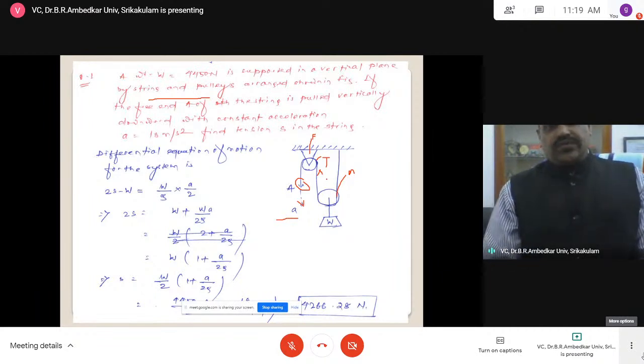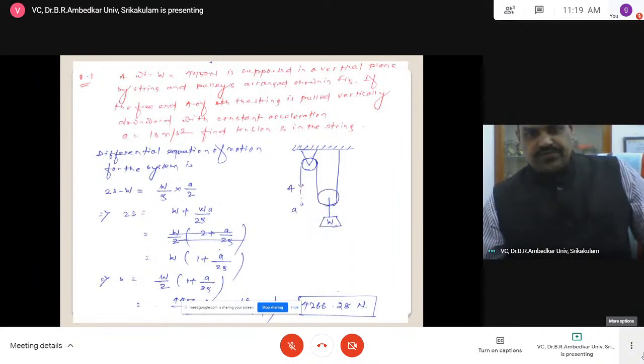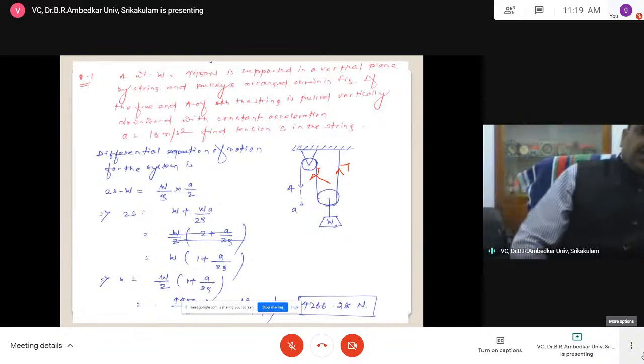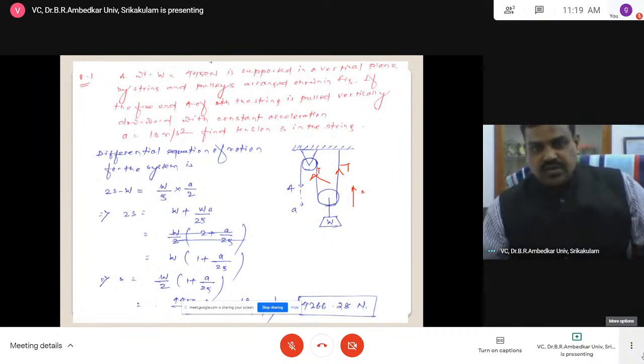Now draw the free body diagram. Before drawing a free body diagram here, because a number of rigid bodies are there, here if we can find out, this is one tension, this is the other tension. Tension T, if there is no friction loss. Okay? Because this is the moving pulley and this is a fixed pulley.